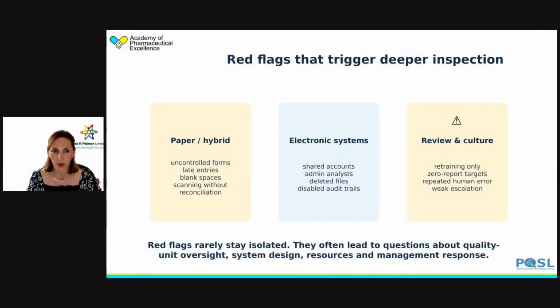And as we know with human errors, there's always a reason why the human error has occurred, and that reason needs to be investigated rather than just put down to human error and retraining. Because if your SOP is not correct, retraining is not going to really solve your problem.